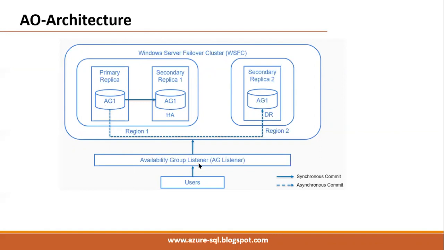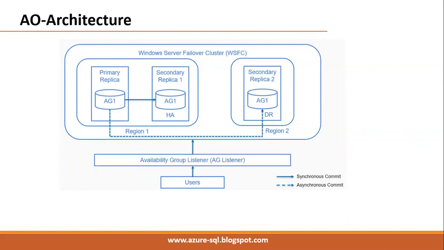Now this listener will automatically redirect the request to the primary replica. If this primary replica is down, the listener will redirect the request to the secondary replica, which has become primary right now. Which replica it should be redirected to is done by the listener.